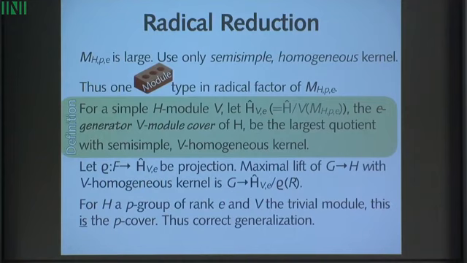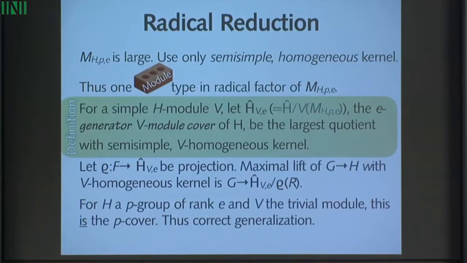So what I define is H hat V E. This is the largest quotient where what I put underneath is semi-simple homogeneous, where the direct summand is of type V, where V is a simple H-module. Okay.